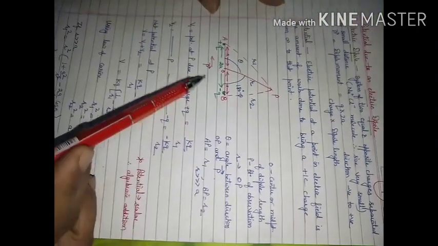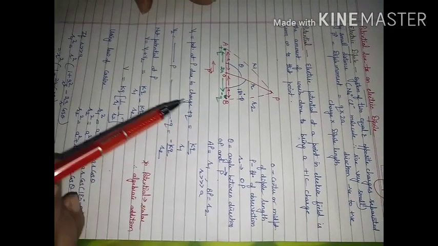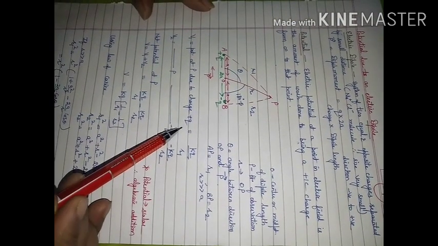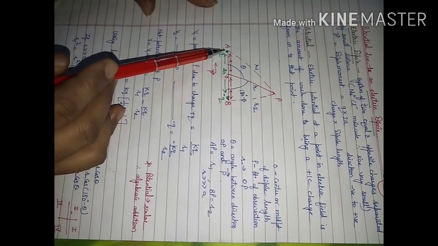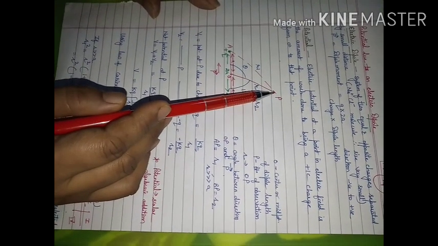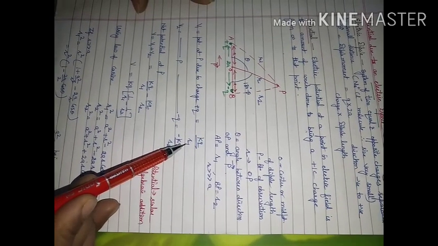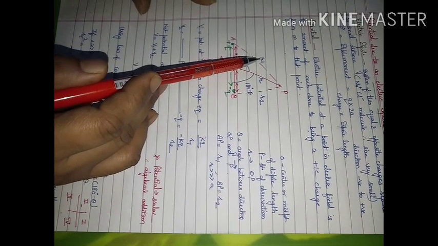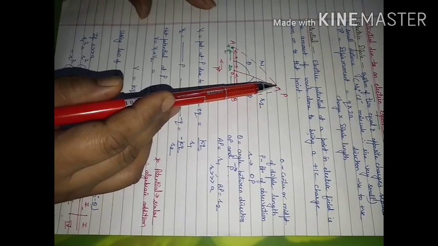And in the previous video we have done how to find potential at a point due to a single charge. So if I consider this point and this charge only, then due to this, the potential at this point formula will be kq divided by r1. What is r1 representing? r1 is representing the distance between the charge and the point of observation.